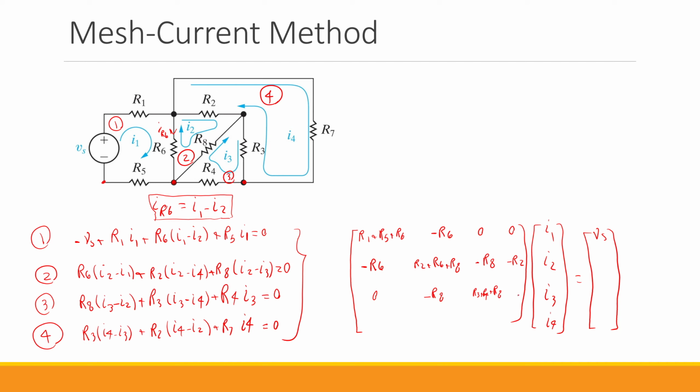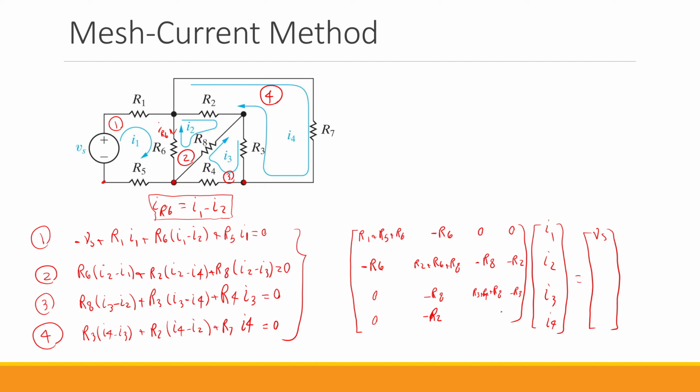And for I4 it is going to be negative R3. And finally, for the last row, we have 0 for I1. For I2 we have negative R2.